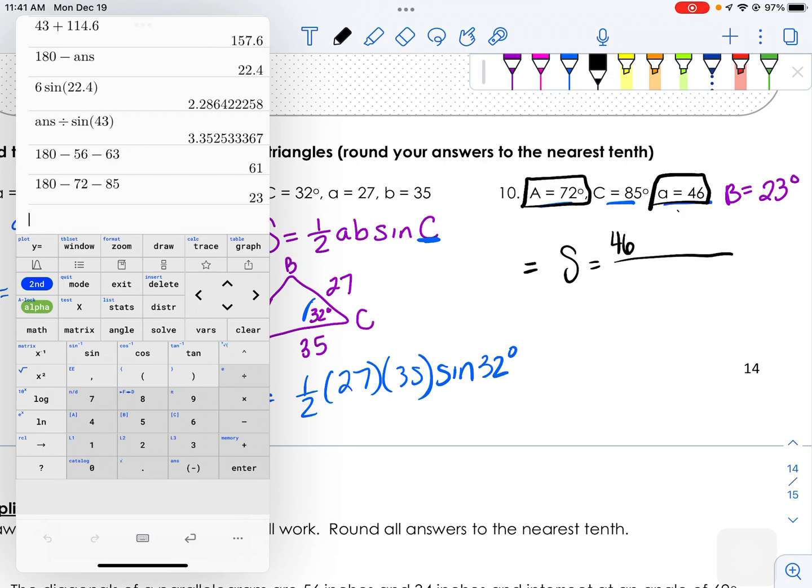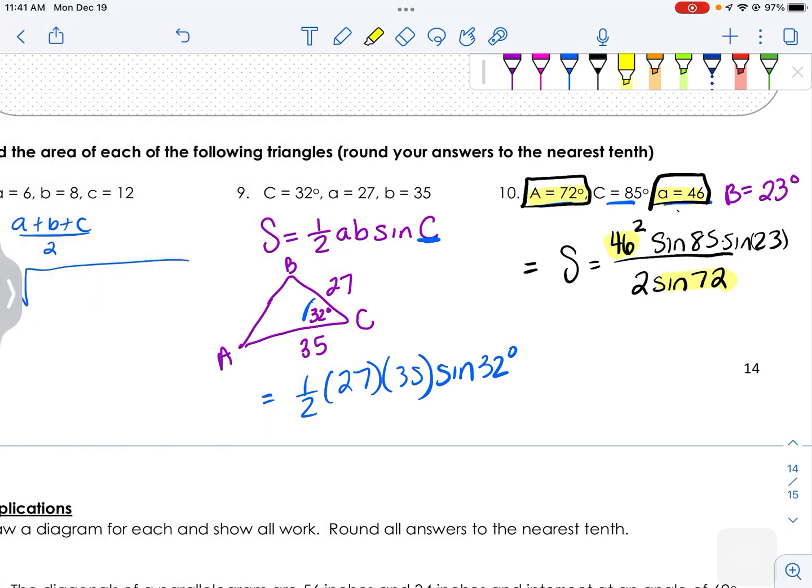So you have 46 squared, and that goes with 2 times the sine of 72, because they go across from each other. They're both A's. The other angles, it doesn't matter which order they go in. You could do sine of 85 times sine of 23 or vice versa. But it does matter that these are both A's, so one goes as squared and the other goes on the bottom. Those have to match up.